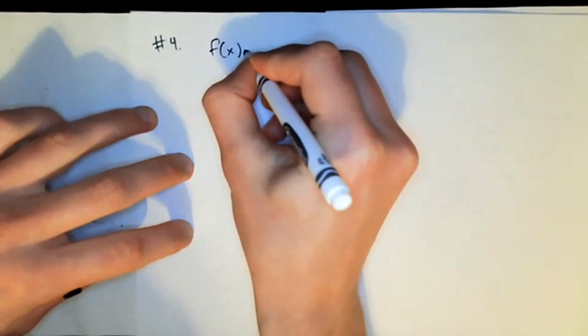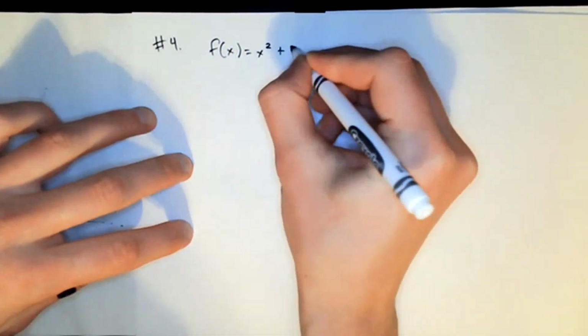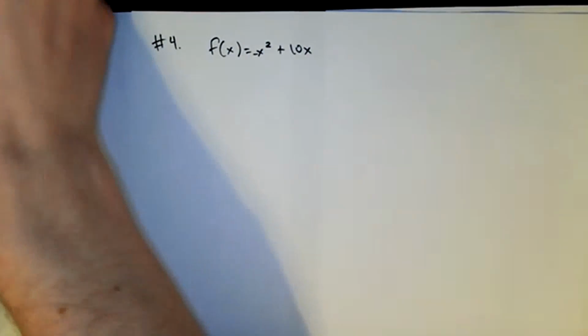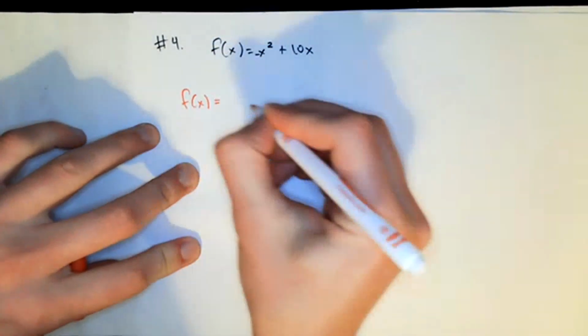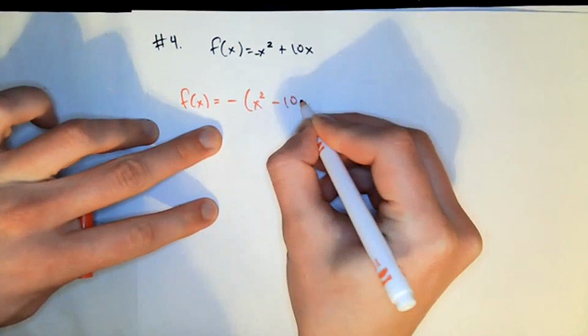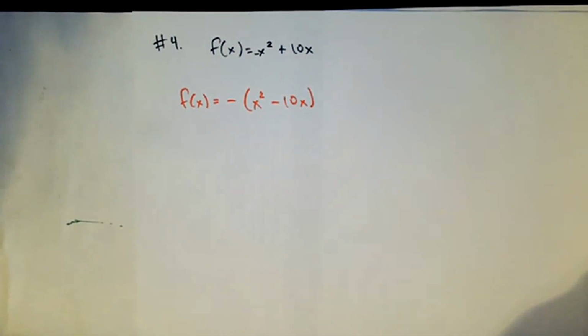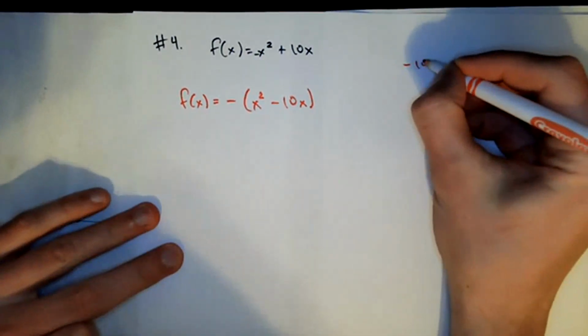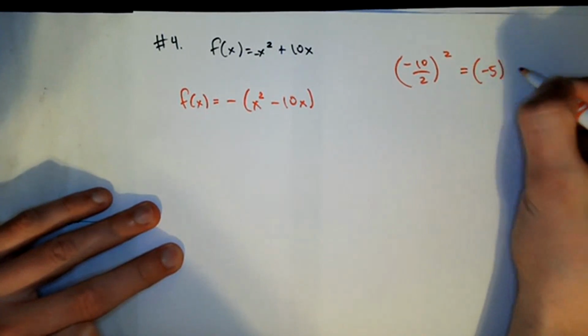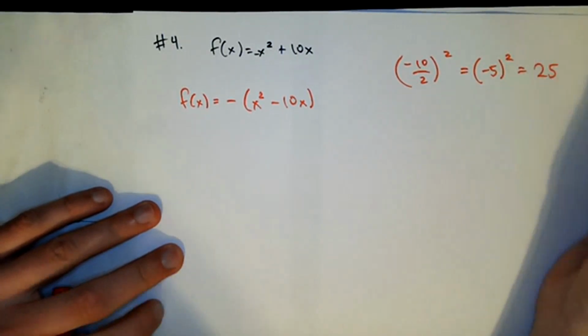So what is the function? It's f of x equals negative x squared plus 10x. Okay, so standard form: pull a negative off of the first two terms, which there are only two terms, so there we go. And then I'll take half of that linear term and square it, so that's negative 5 over 2 squared, and that's 25.